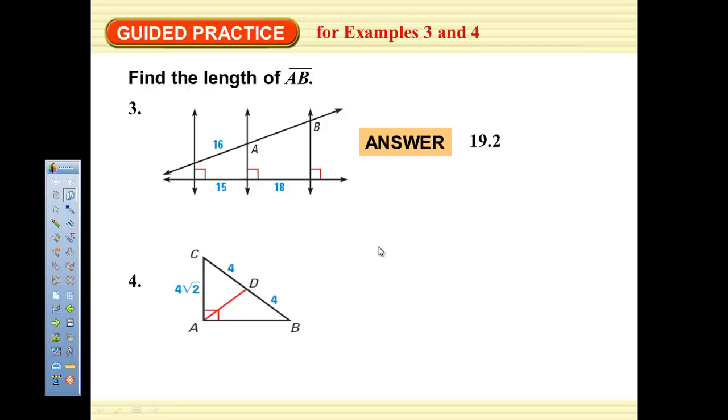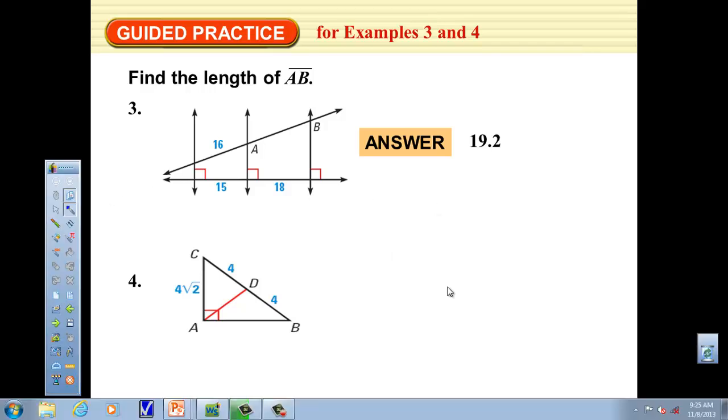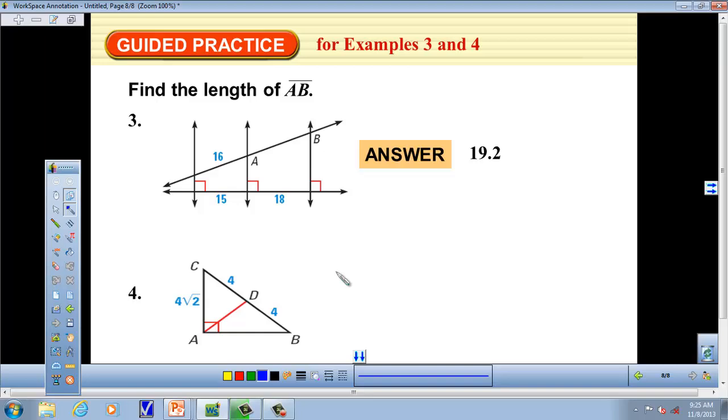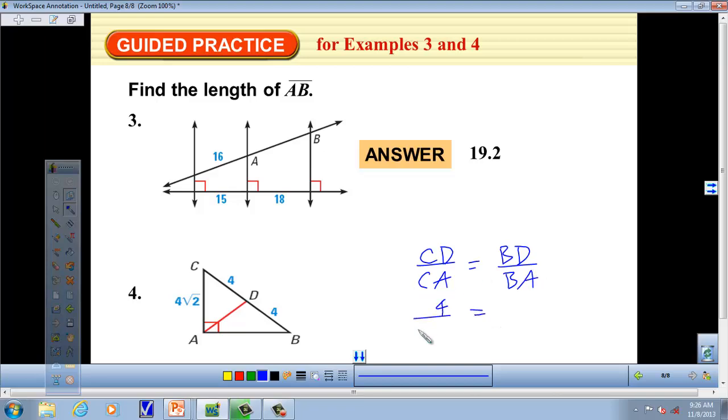And for the second part, again, remember it divides it proportionally, so we can say CD over CA is equal to BD over BA. So that gives us 4 over 4 rad 2 equals 4 over x.